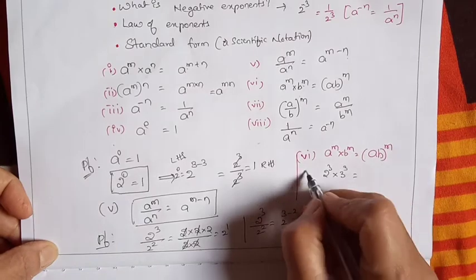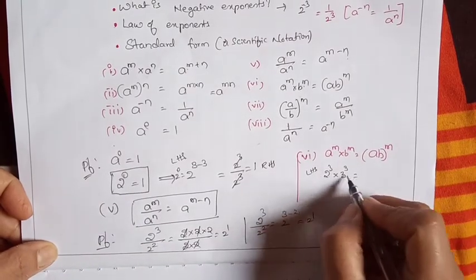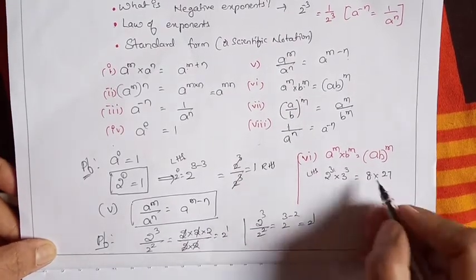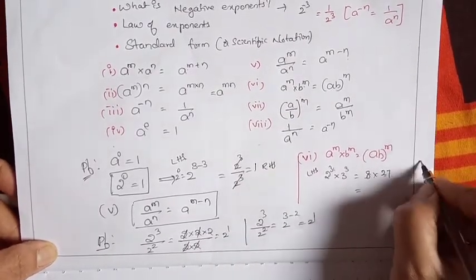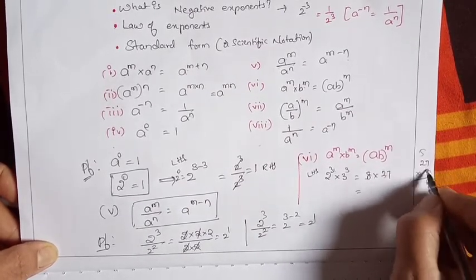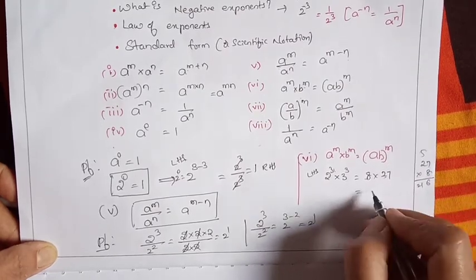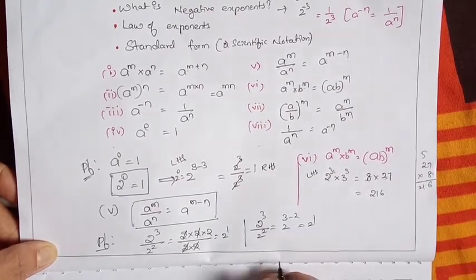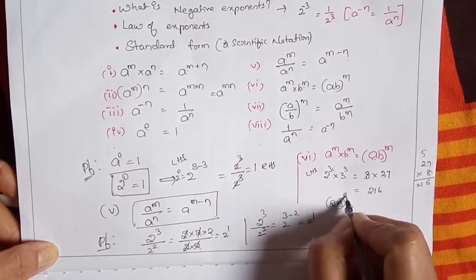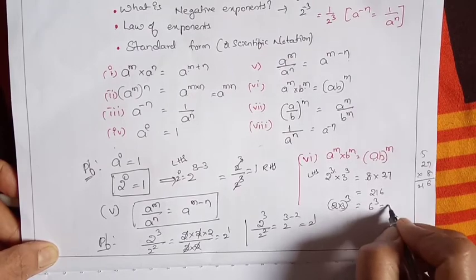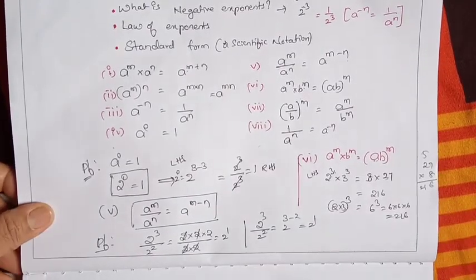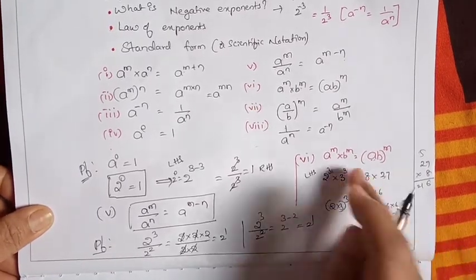I'm just taking LHS. 2 cube is 8, 3 cube is 27. You multiply this. 27 into 8: 8 sevens are 56, 8 twos are 16, 21, 216. If I take RHS, 2 into 3 whole cube, that is 6 cube, 6 into 6 into 6, 216 only. Correct? That is why this formula has come.